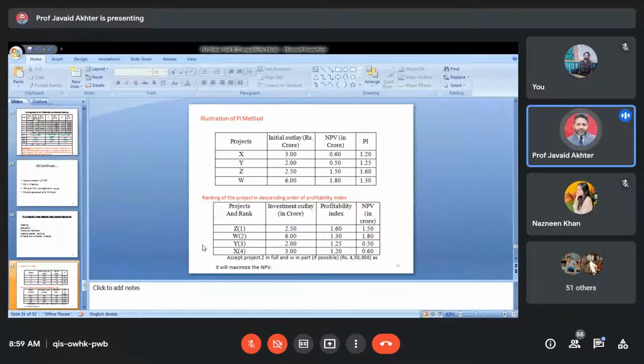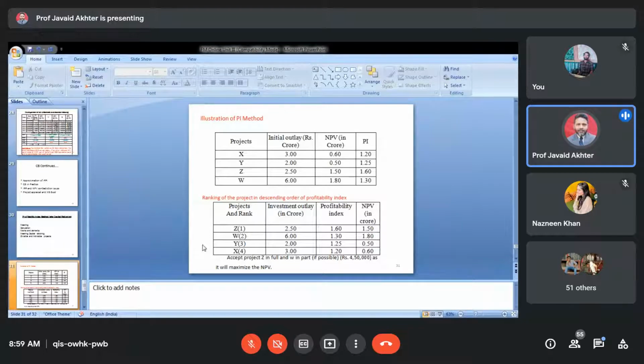Are the calculations clear? Once it is over, then I'll explain to you the capital rationing concept here.